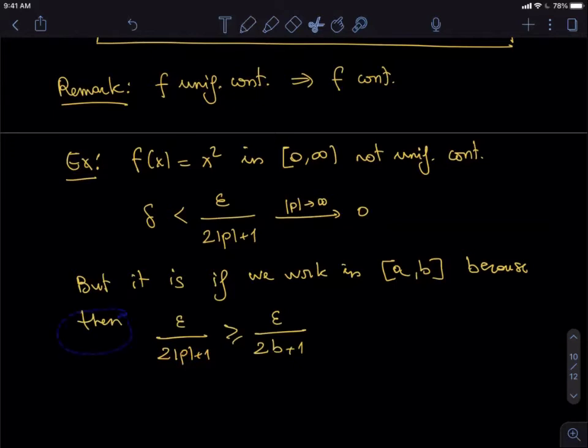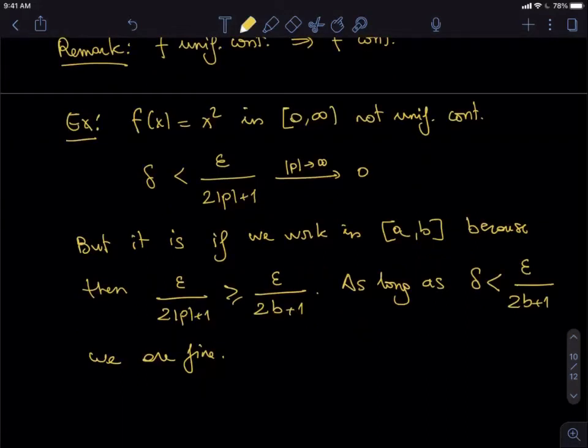And as long as delta is less than this number, we are good. And this definitely works for every pair p and q, as long as both p and q are in [a, b].